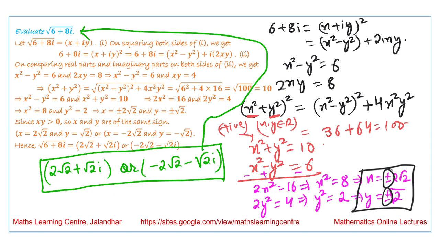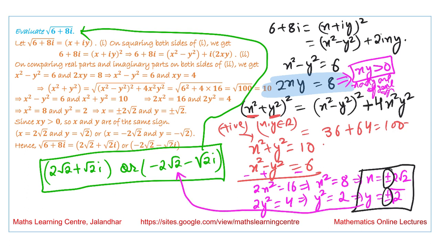So when we look at the condition 2xy is equal to 8, this condition implies that xy should be greater than 0. It means x and y are of the same sign, and if they are of the same sign, we get this result.